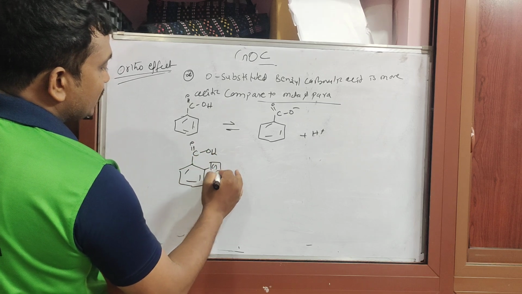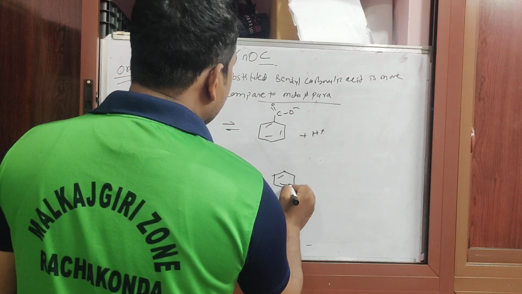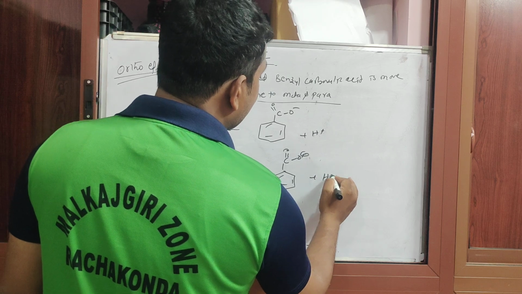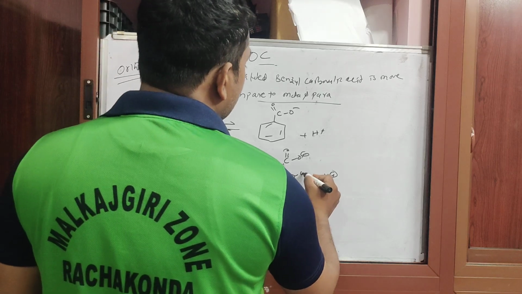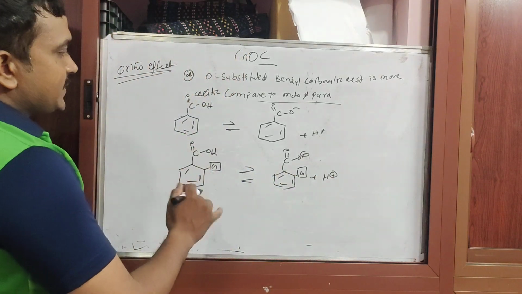If you put a G group, a bulky group, take this one. What will happen in this case?